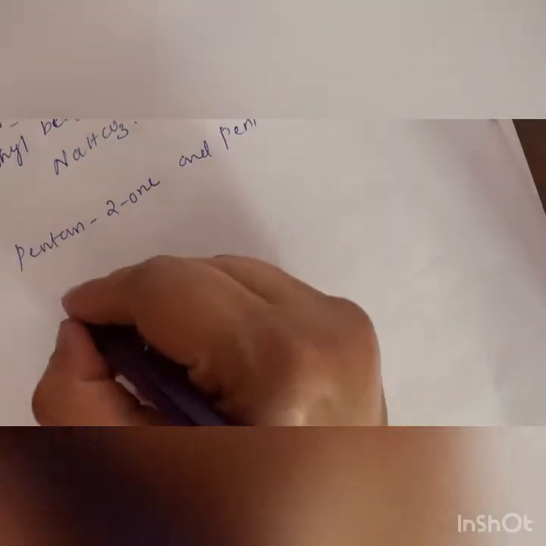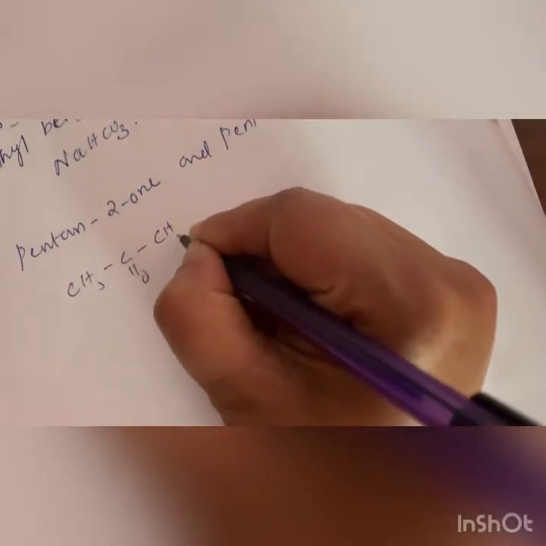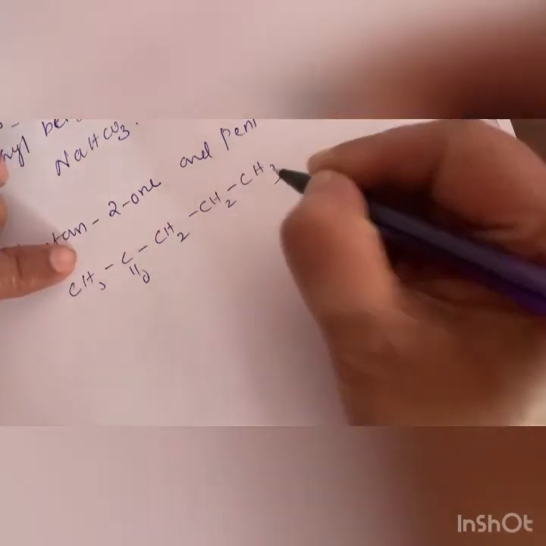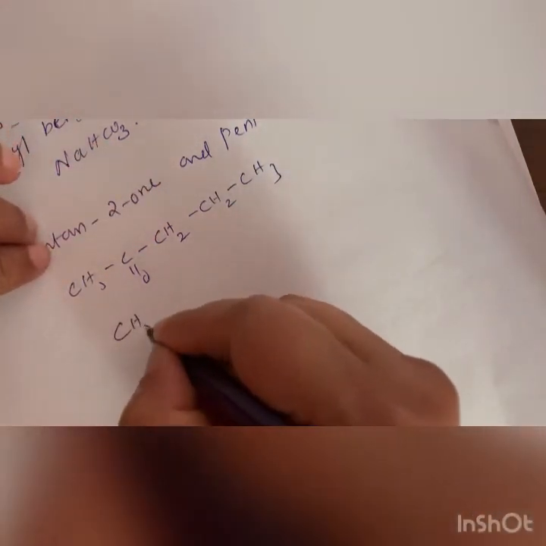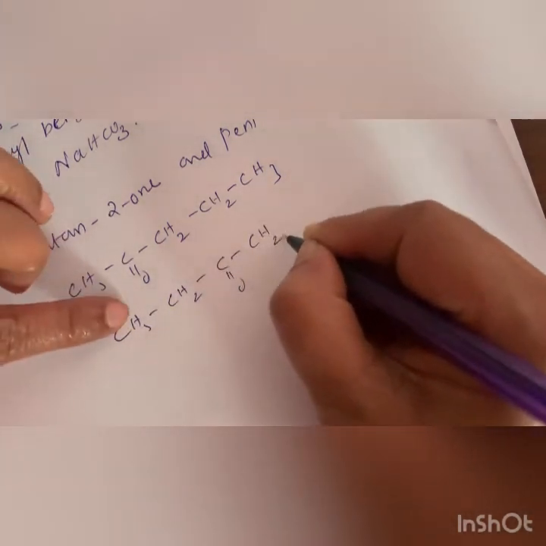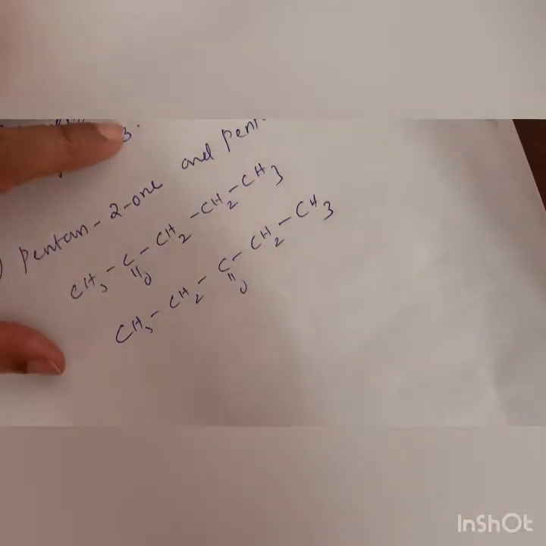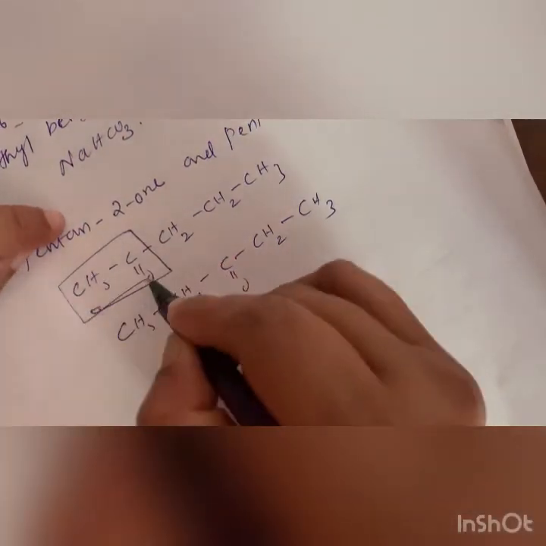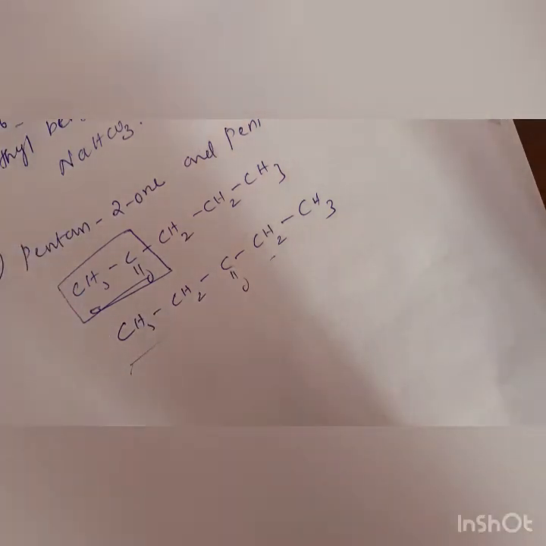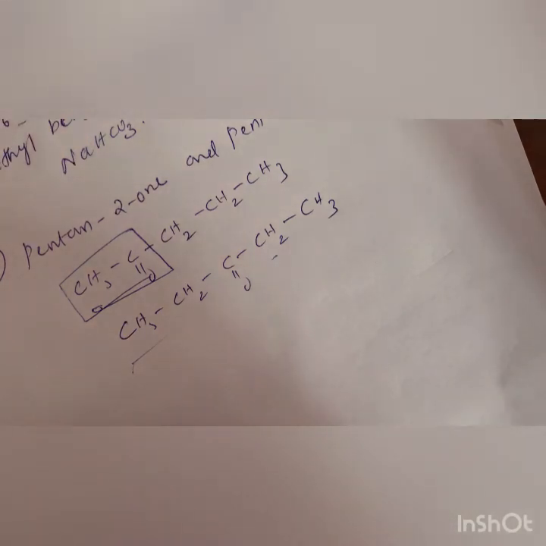So you can write the compound: CH3 C double bond O, CH2 CH2 CH3, numbering 1 2 3 4 5. Pentan-3-one means CH3CH2 C double bond O, CH2CH3, 1 2 3 4 5. So you can see this one is a methyl ketone; it will give the iodoform test and the other will not. So pentan-2-one will give the iodoform test, you can use it like that.